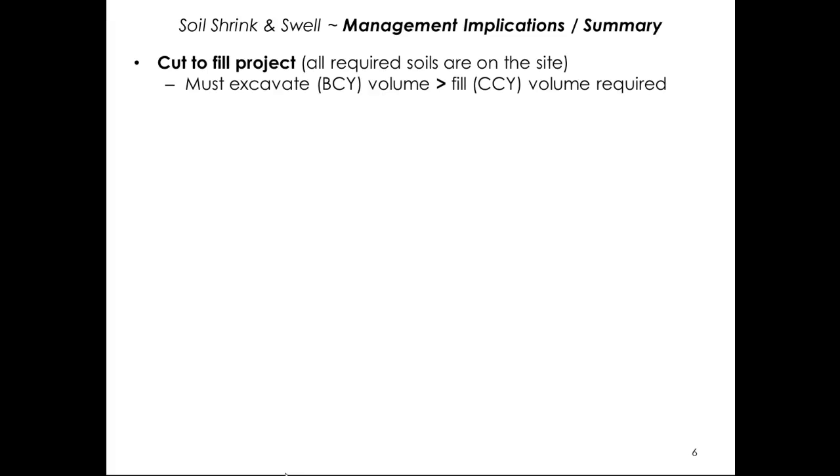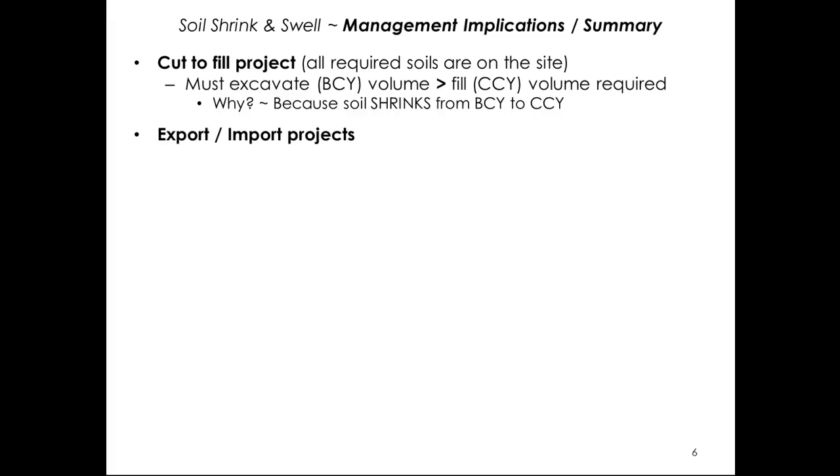That is, that the total BCYs excavated would satisfy the CCYs when compacted. In other words, fill plus shrink would equal cut. And we know that due to shrinkage, we will be excavating more BCYs than the fill or CCY volume required, because the BCYs shrink when compacted into CCYs.